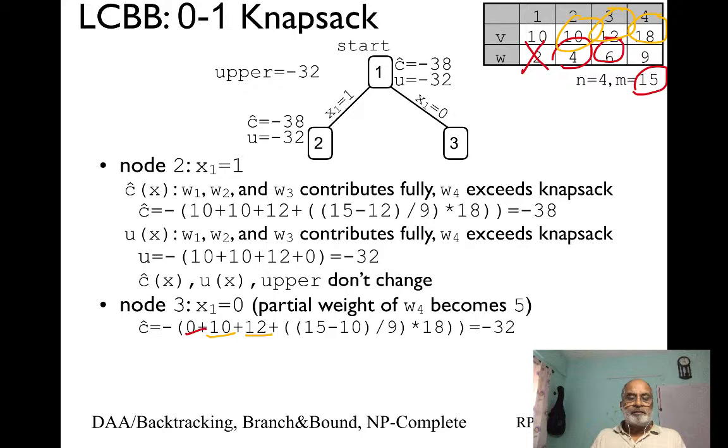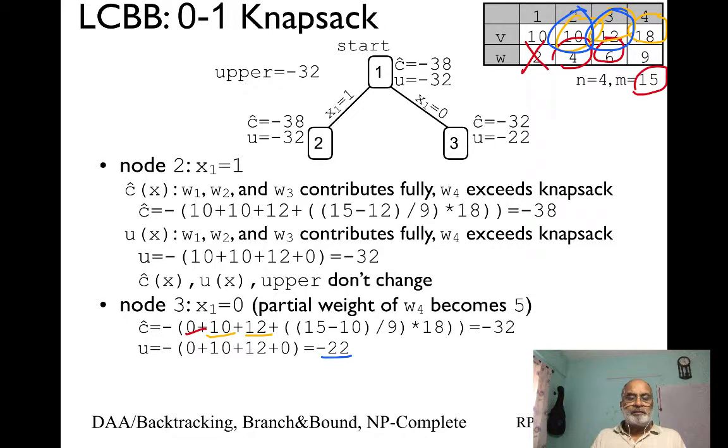But if you look at the upper bound, I'm not taking this because this is excluded and this exceeds my capacity. So for my upper bound, I'll take only these two values, 10 and 12. So my upper bound for node 3 becomes minus 22.